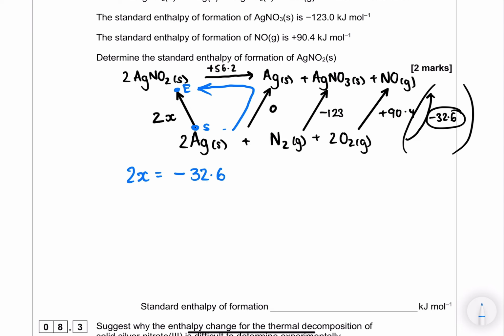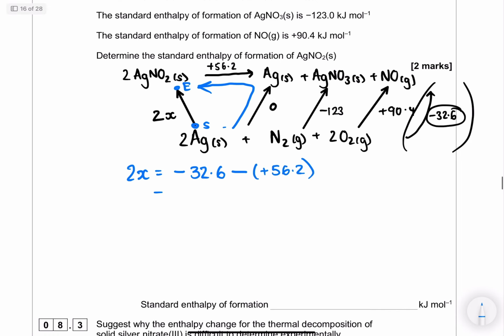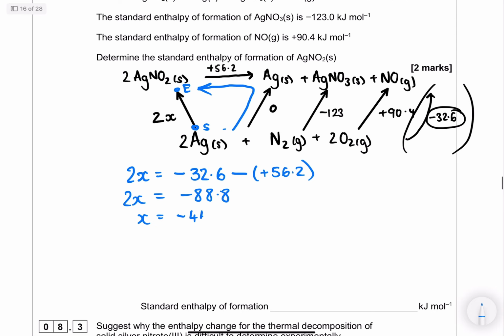And then we want to go against the next vector, so minus the plus 56.2. So in total, minus 88.8. So one of those is minus 44.4.